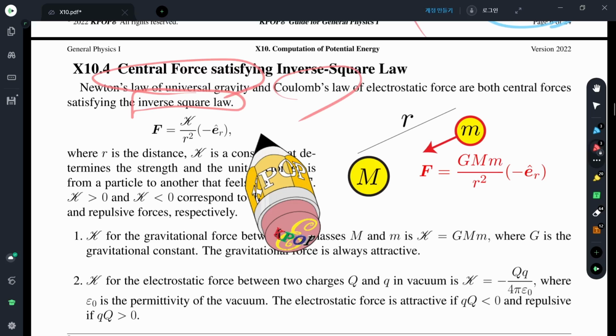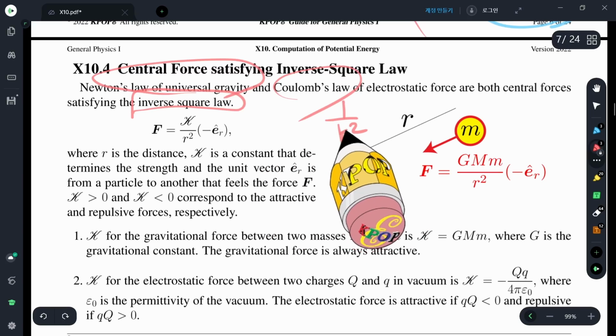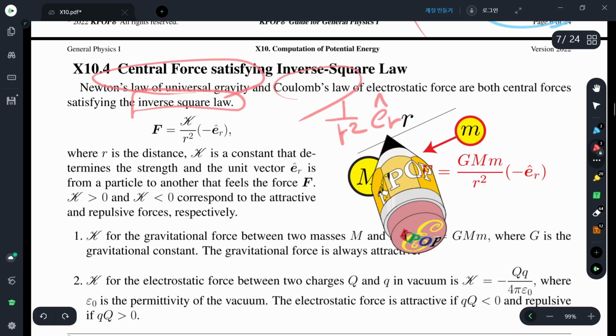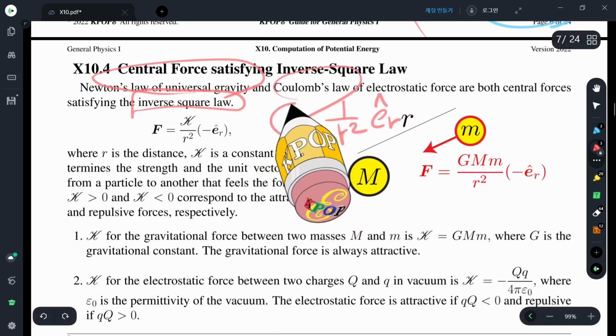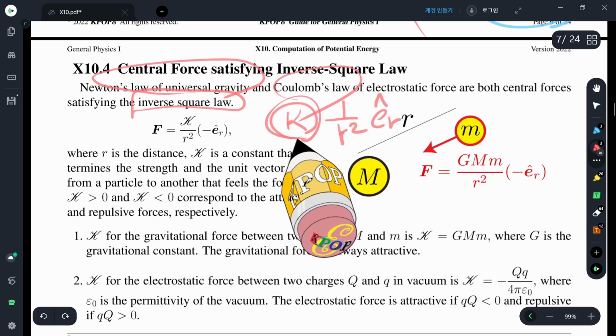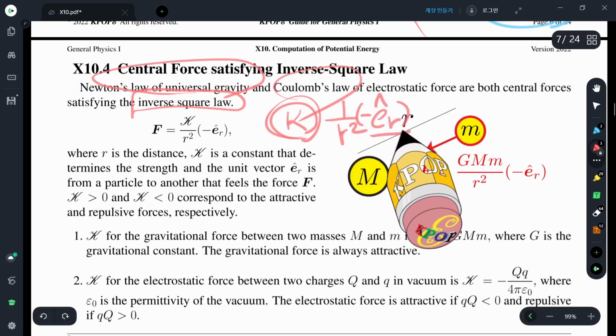The strength of the force decreases as r increases with the rate 1 over r squared. And it is central. It has an e_r hat factor. And there is some strength. Strength is K. And this is an attractive case.